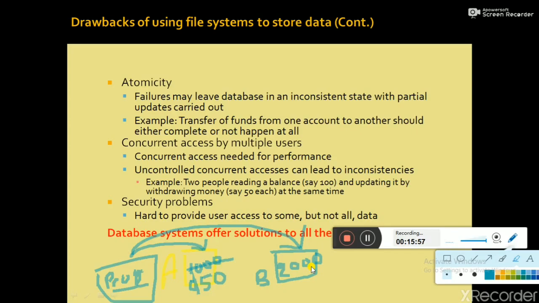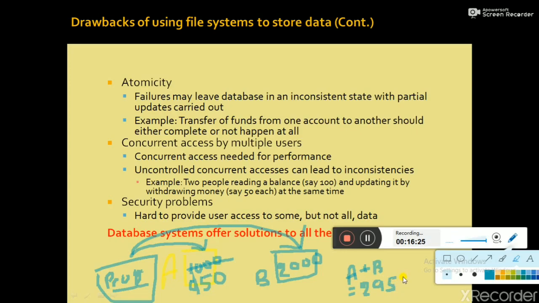So after the power failure, if you sum the total amount from accounts A and B, we will get 950 plus 2000, so it will give 2950 rupees.